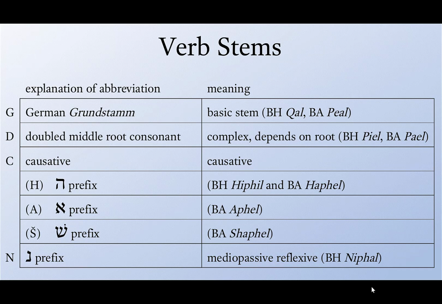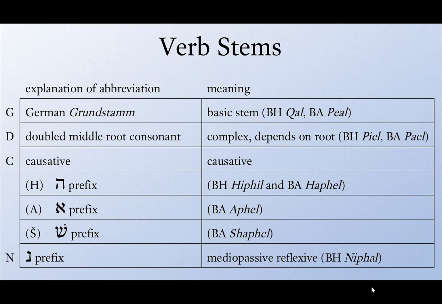Now again, we're going to call this stem the Pa'al in our Daily Dose of Aramaic learning and in the scripture videos. However, as we understand what Pa'al means, it is helpful to compare it through that abbreviation system, through G, back to the biblical Hebrew Kal.